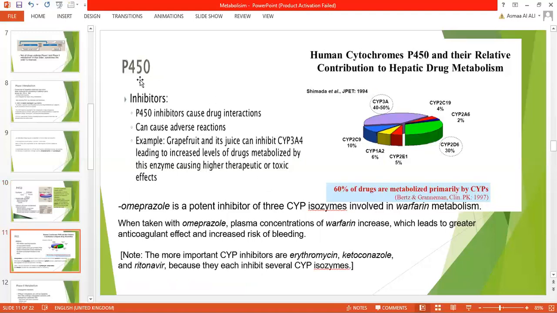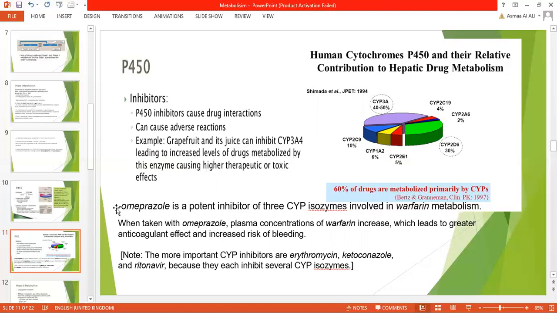Also, cytochrome P450 inhibitors act as inhibitors of the enzyme. So inhibitors also cause drug interactions and can cause adverse reactions. For example, grapefruit and its juice can inhibit cytochrome 3A4, leading to increased levels of drugs metabolized by this enzyme, causing higher therapeutic or toxic effect.